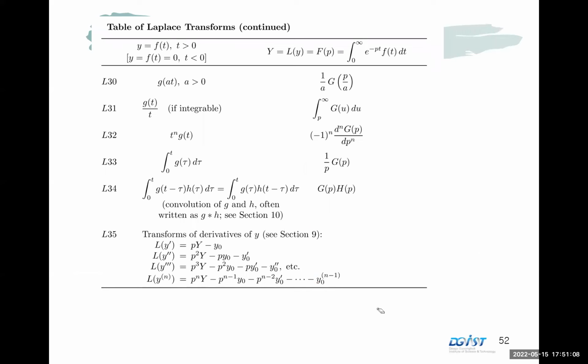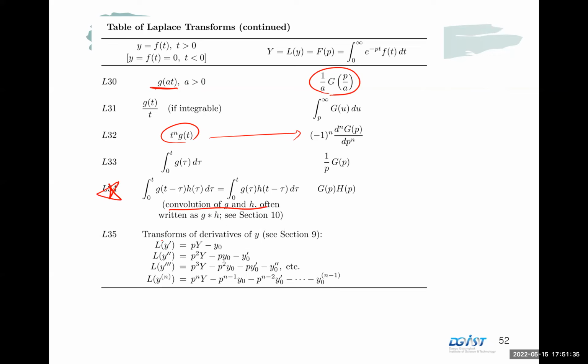Also, there is something more. If we have some function g, which is a function of at, not t, then we have this relation, and so on. We have some convolution that is important; we will learn it.